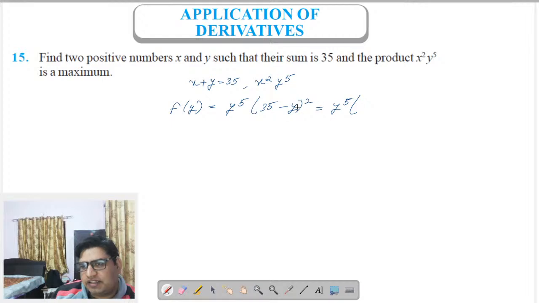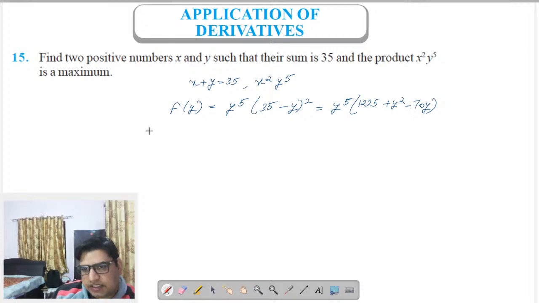So this will result in y to the power 5 times 35 square. 35 into 35 is 1225, plus y square minus 70y.